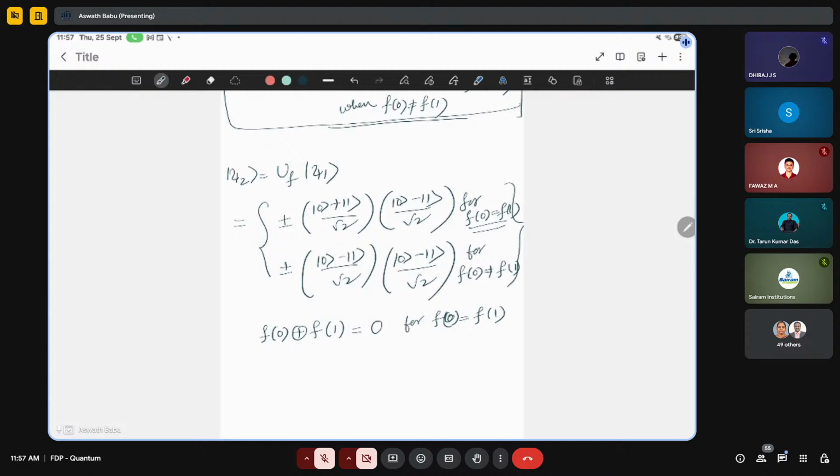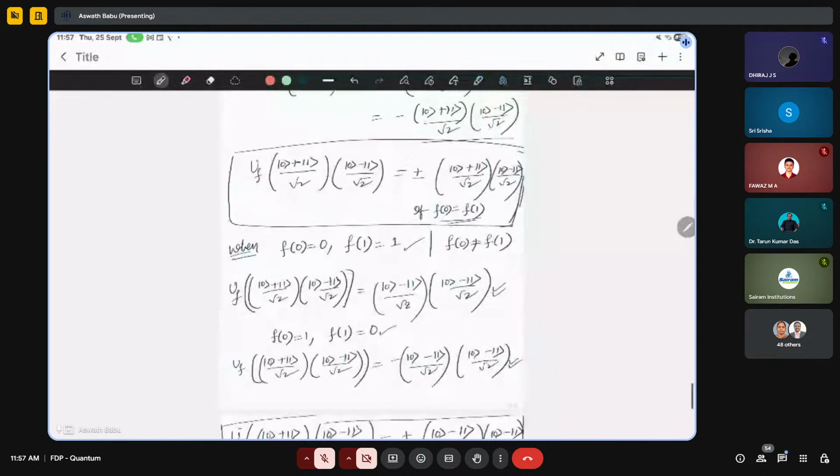When one of them is opposite to each other, in that case I'll get 1, for f of 0 not equal to f of 1. As we see this relation, using this relation, am I allowed to generalize the above situation? You keep this aside right now.